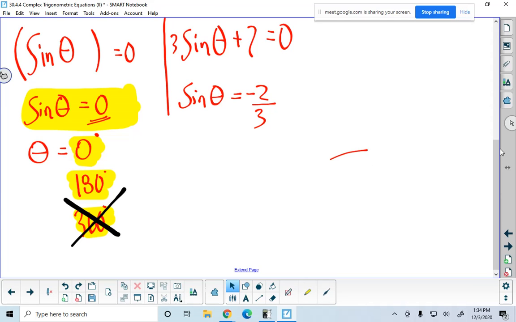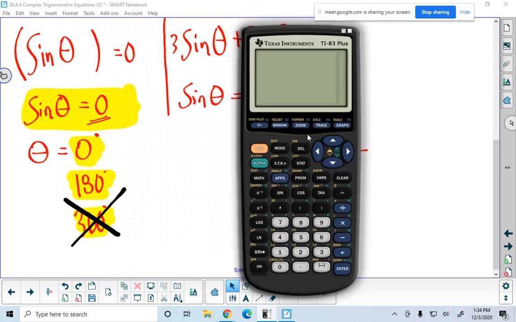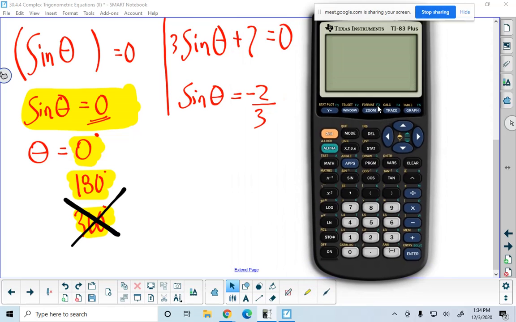The reference angle will be the inverse sine of 2/3. Now I'm in radians, so I want to be in degrees. We get a reference angle of 41.8 degrees.